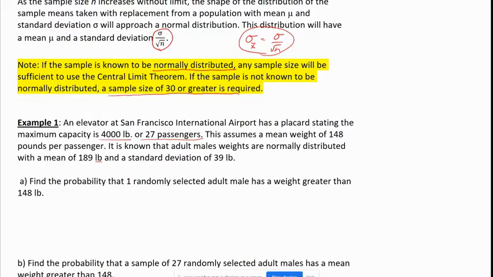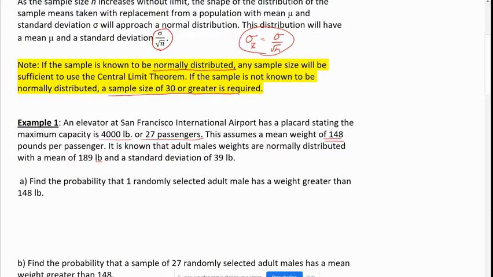Is there any chance that we're going to have an average small enough? If you divide 4,000 pounds by 27, that's saying that the average person needs to weigh about 148 pounds.